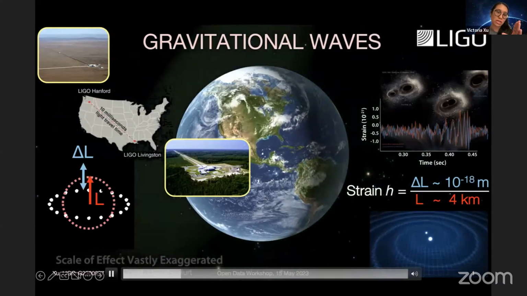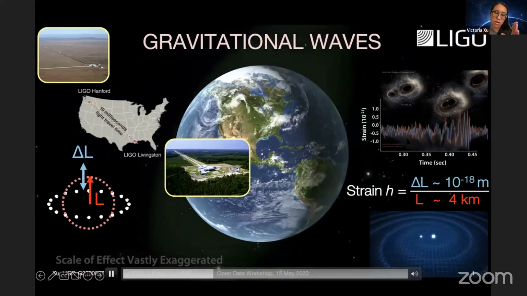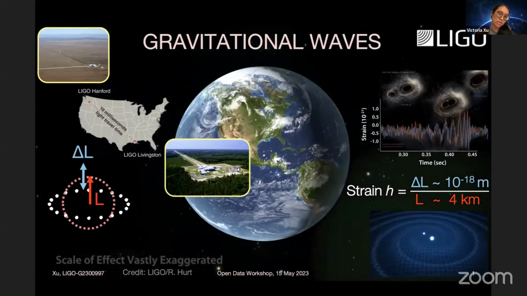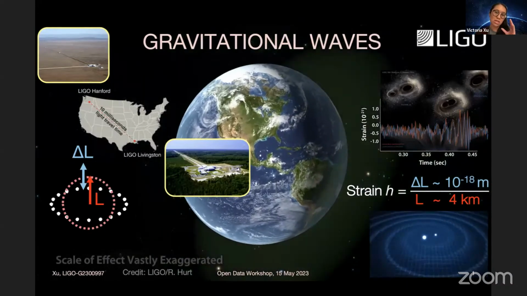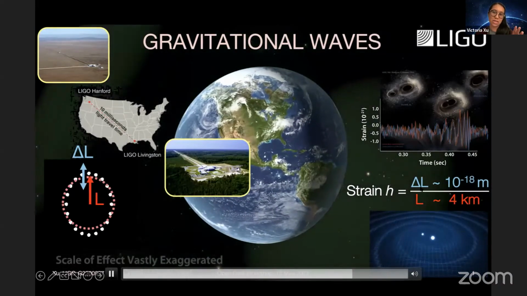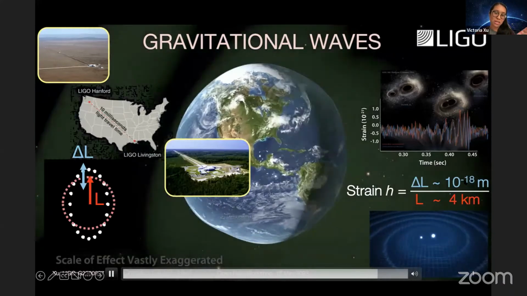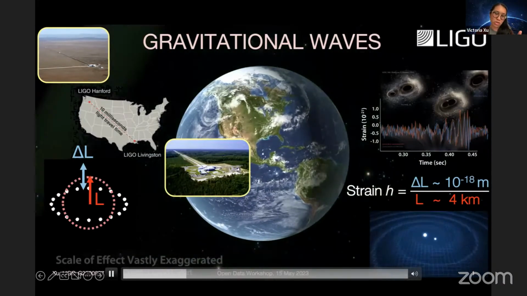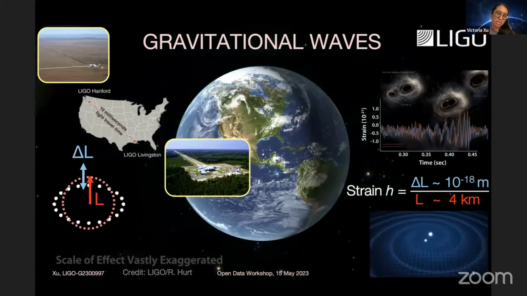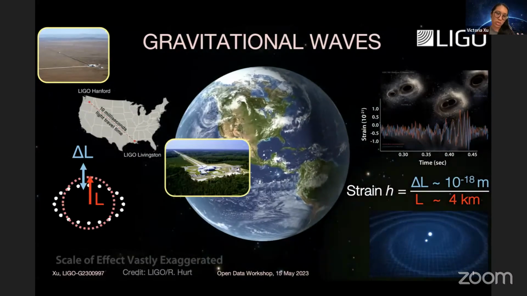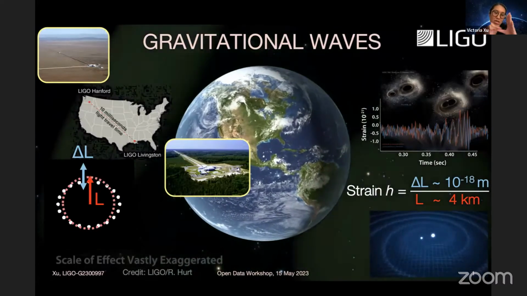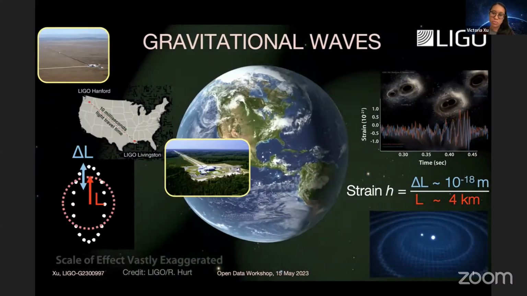This strain is really a displacement for gravitational waves, even from really massive objects like tens of solar mass black holes. The displacement that we're detecting with the LIGO detectors is of the order of 10 to the minus 19 meters over a total length of 4 kilometers. So the total strain is of the order 10 to the minus 21, which is just an incredibly small differential change in the two arms of this L.